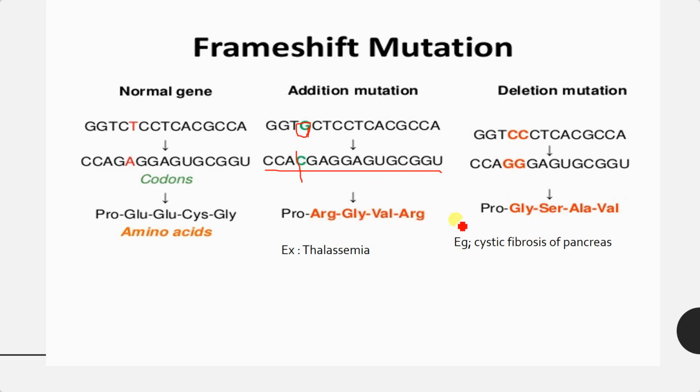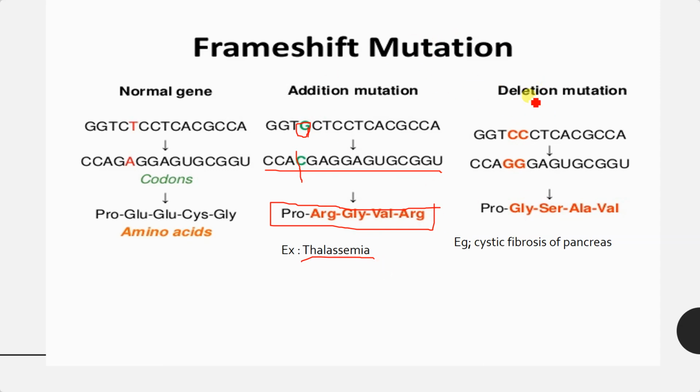You can see here, instead of glutamate, you have the synthesis of arginine, glycine, valine, and arginine. The complete amino acid sequence is altered, and that is exemplified by thalassemia. In thalassemia, the addition or loss of amino acids in the sequence of your hemoglobin will be seen.